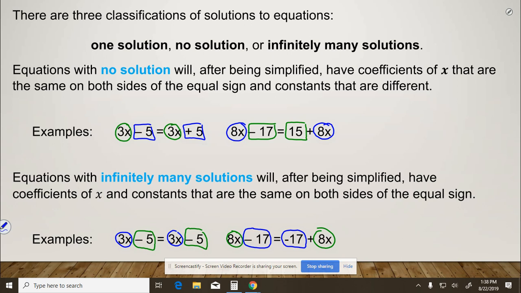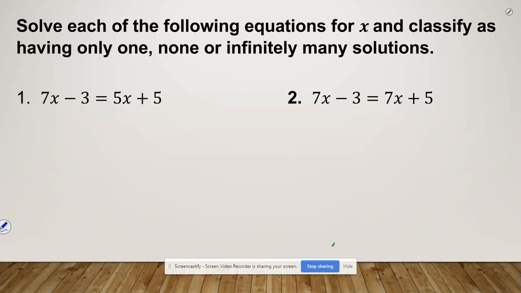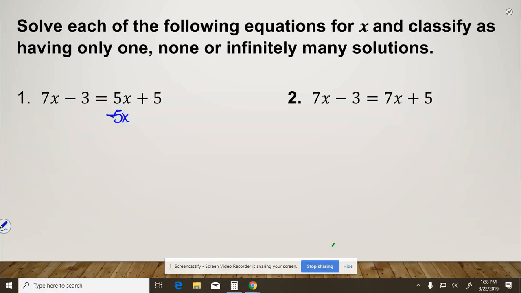All right, so let's see how we solve these types of problems. Let me prove how this works. Solve each of the following equations for x and classify as having only one, none, or infinitely many solutions. So for number one, we have 7x minus 3 equals 5x plus 5. Just like when solving with variables on both sides, I want to subtract 5x from both sides.